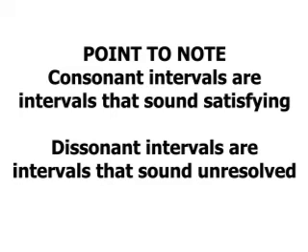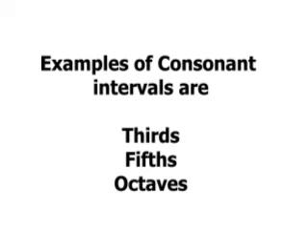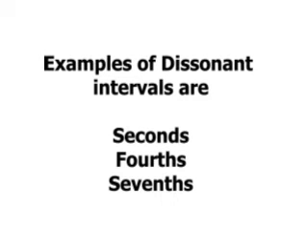All right. There are intervals that are generally considered consonant: interval of a third, interval of a fifth, interval of an octave. These are consonant intervals. But intervals that are dissonant are interval of a second, interval of a fourth, interval of a seventh.